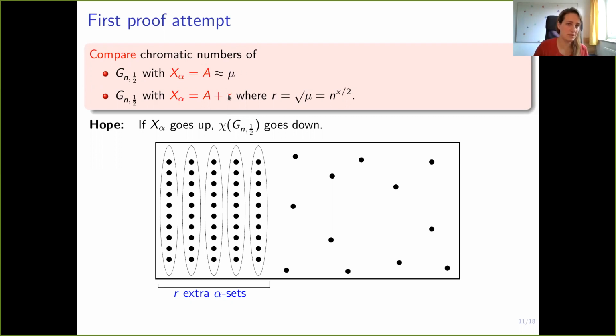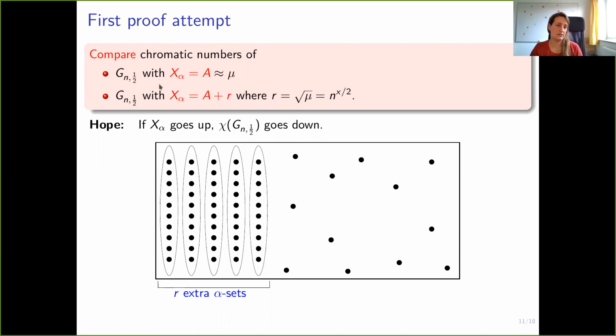And then maybe we could introduce some extra alpha sets into G(n, 1/2). So we could condition G(n, 1/2) on having a plus r alpha sets, where r is the standard deviation of the number of alpha sets. So this is still a typical value of X alpha that it takes with a reasonable probability.